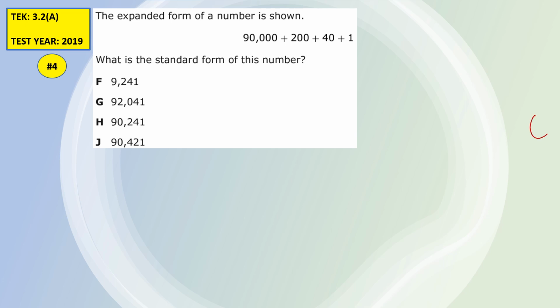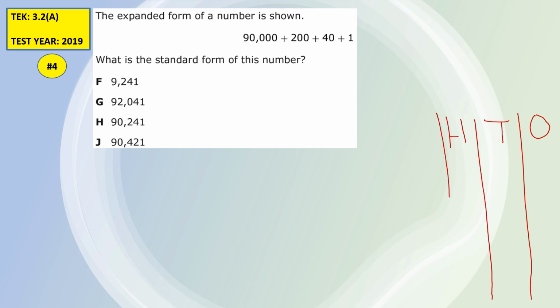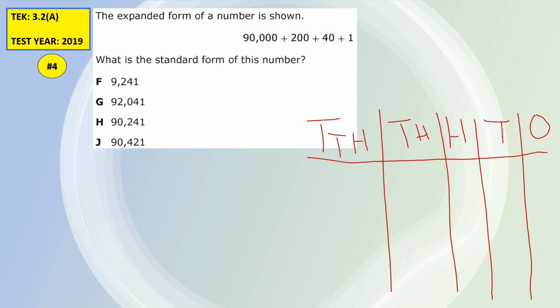So you should have a ones place, a tens place, a hundreds place, a thousands place, and a 10,000s place. Now what you can do is place each digit in the correct place based on its correct place value.